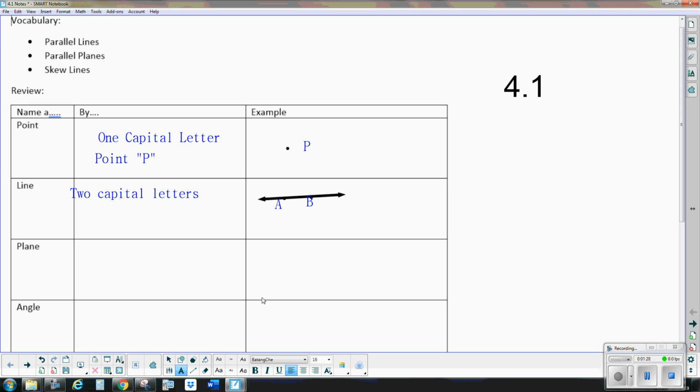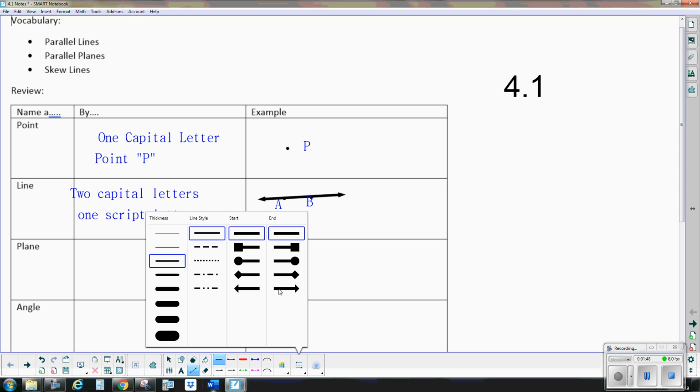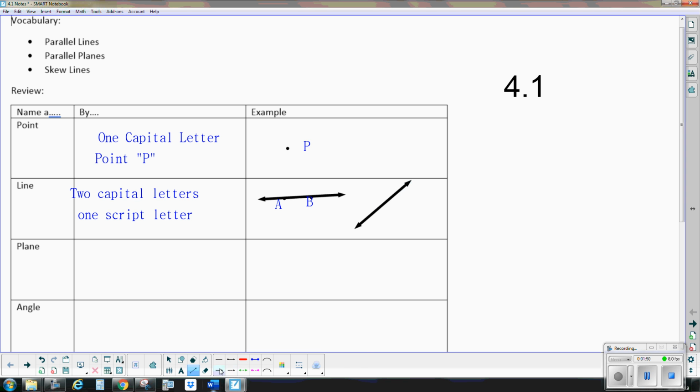Another way to do this is just by using one cursive letter, or one script letter. Okay, so the same kind of line we might see as line M. Okay, so line AB, line M, two different ways of naming the lines.